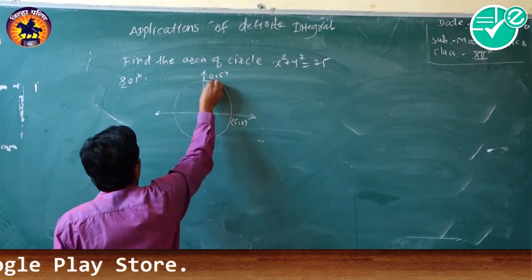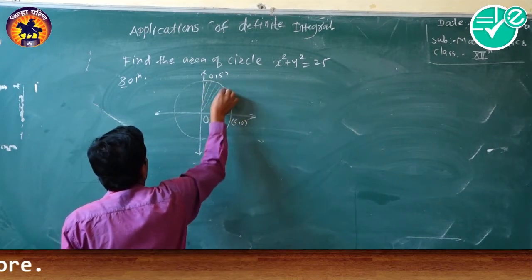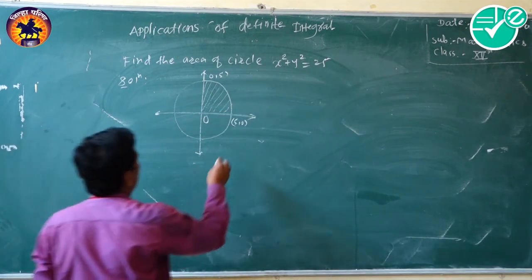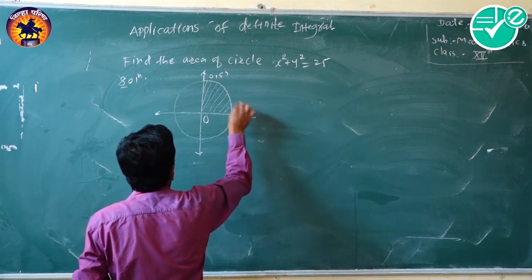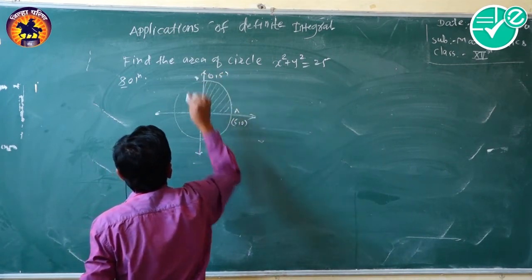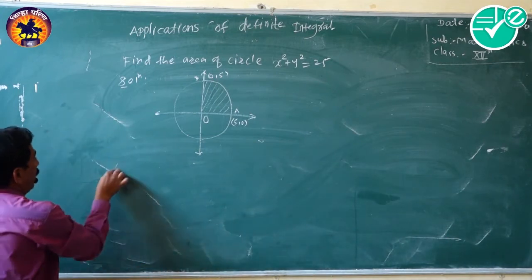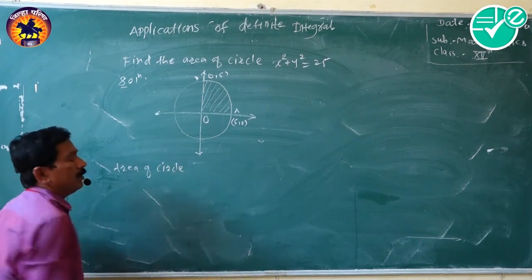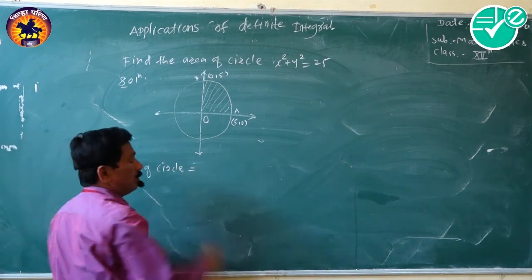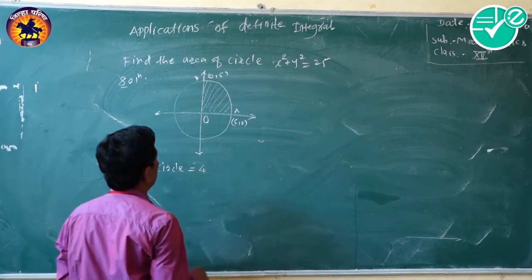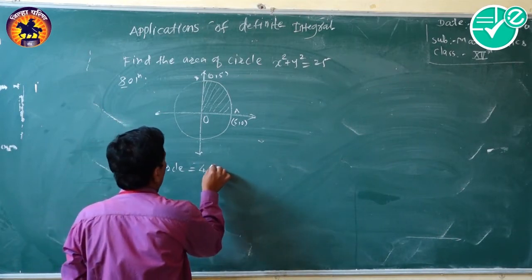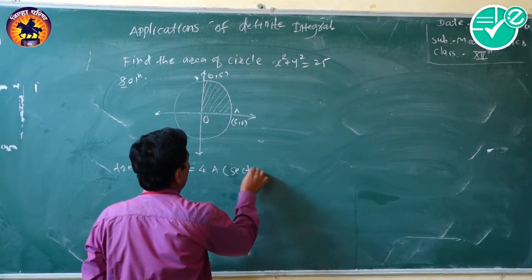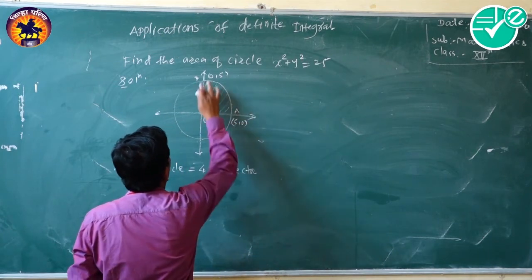Now taking this, the part of the circle from first quadrant, that is we can write this is A and this point is B. Now therefore area of circle is equal to 4 times area of sector AOB.